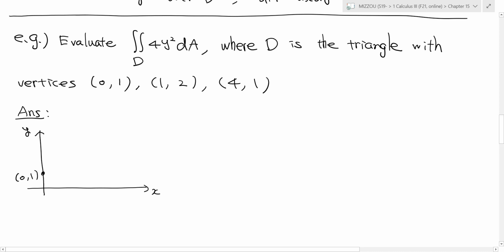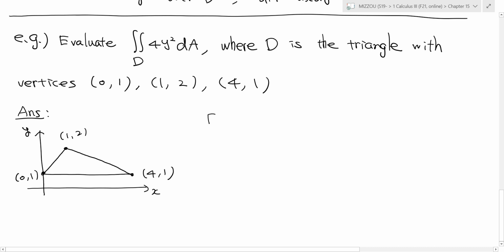And then it's 1, 2, 4, 1. And 4, 1 is here, and 1, 2 is somewhere under here. So this is the triangle, and we integrate over this triangular region. Like I said, in principle it doesn't matter which variable you fix first, but in practice it does matter. Anyhow, in this case, let's do it this way.